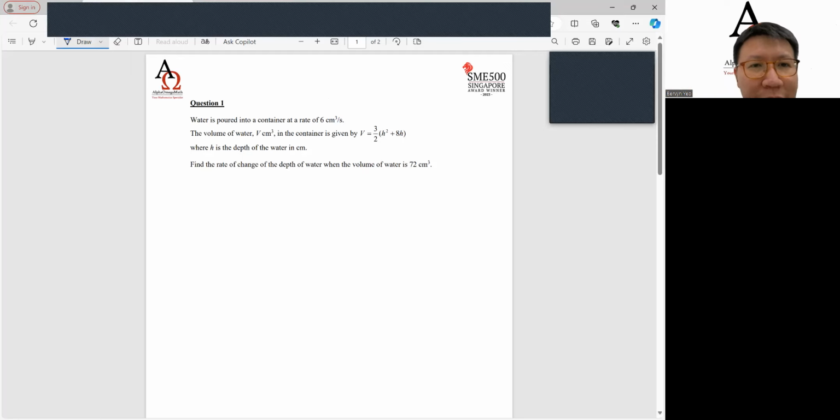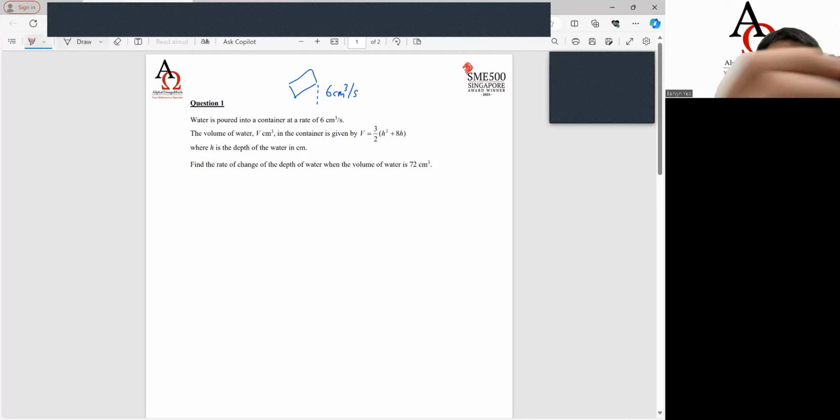Looking at this question, we have water being poured into a container at a rate of 6 cm³ per second. The units tell a lot and give away important information.